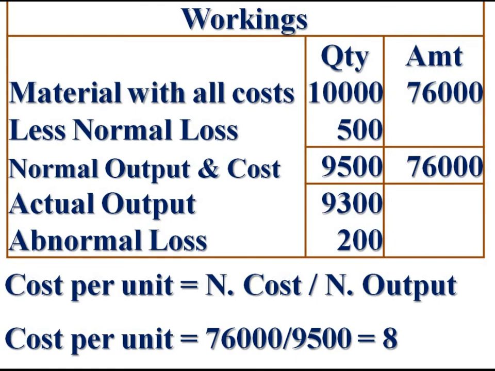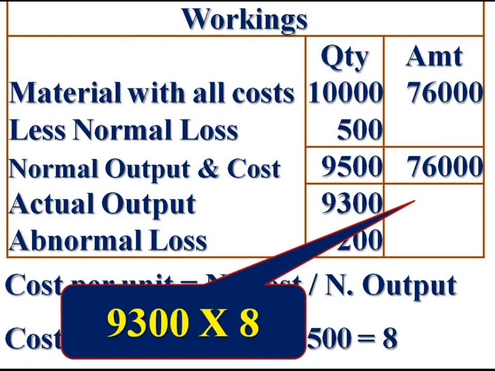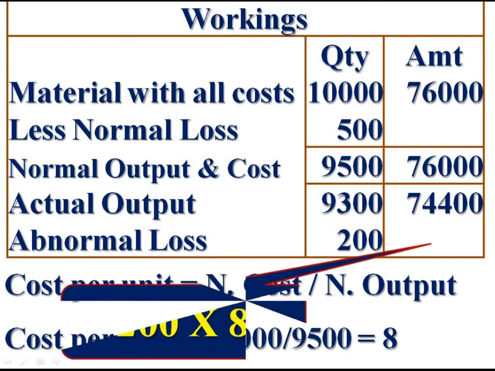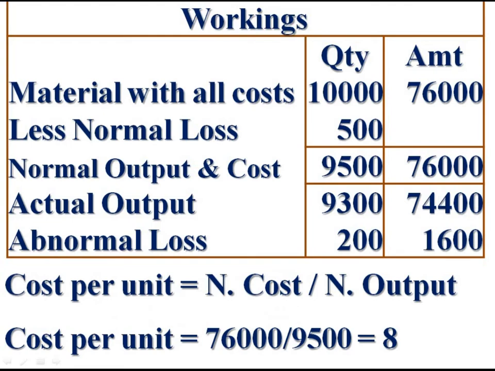Normal cost per unit of process A is rupees 8. Find the value of actual output: 9,300 into 8 being 74,400. Then value of abnormal loss: 200 into 8, that is 1,600.